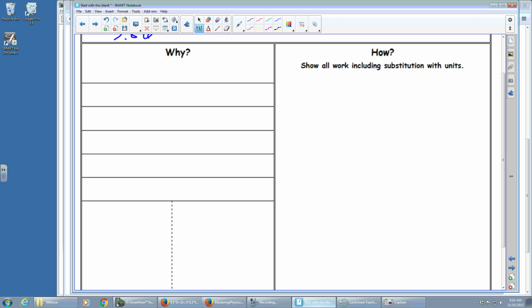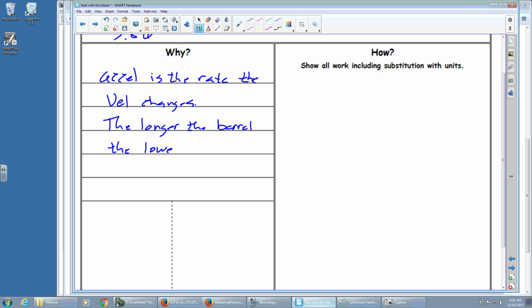So I'd probably start off focusing in on acceleration, which is the rate velocity changes. The longer the barrel, the lower the acceleration.